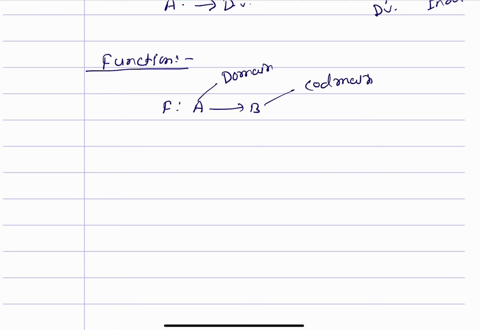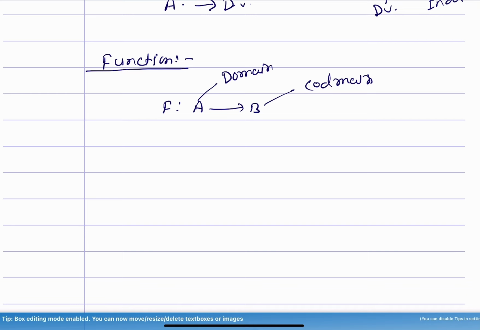So I can define it like this: f mapping real numbers to real numbers. So here R is our domain and here R is our codomain. In general, A may be an integer set, a natural number set, or a real number set; B is the codomain, so A and B can be real numbers, integers, or natural numbers.